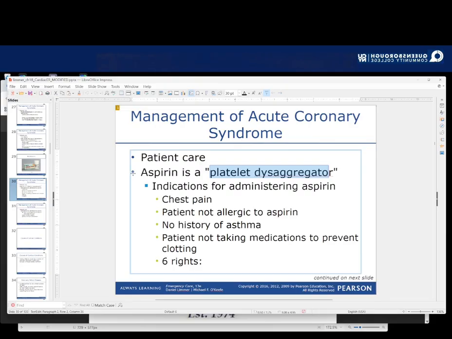Aspirin will not help the patient feel better because the clot is causing the pain. And the aspirin does nothing for that current clot. But what aspirin does, and the life-saving effect of aspirin in a cardiac condition, is that it helps prevent whatever cardiac condition the patient currently has from getting worse.